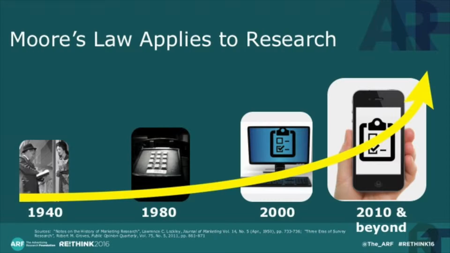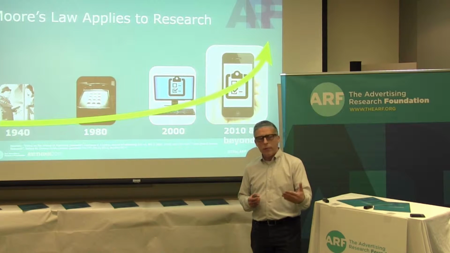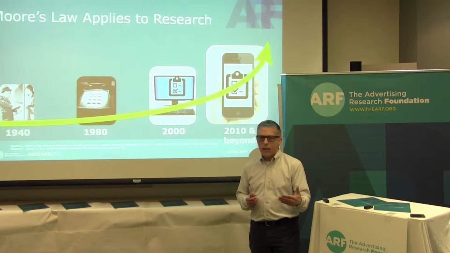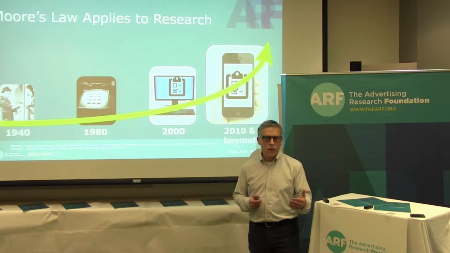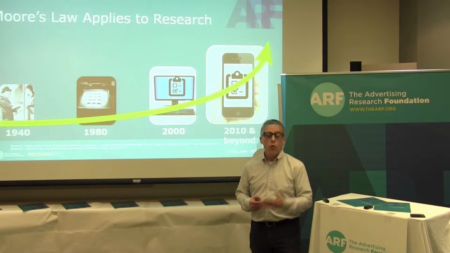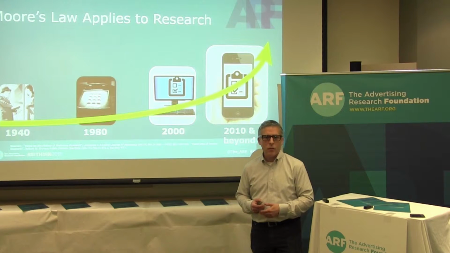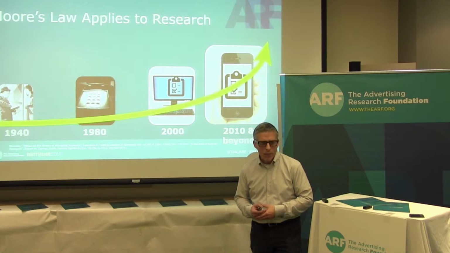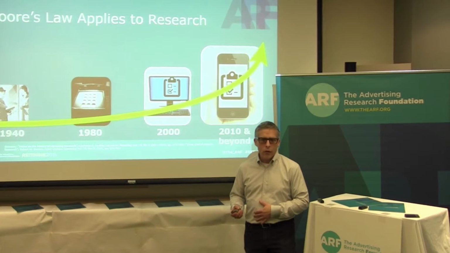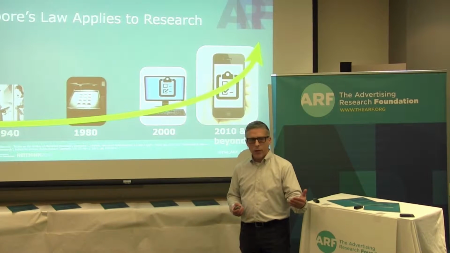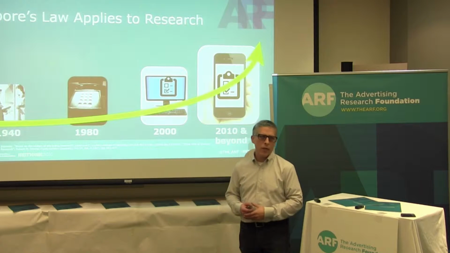If we think about this, in the 1940s, we used to have clipboard in hand, and somebody would be on the street corner, on the sidewalk in front of the store, and they'd stop you and say, "Can I ask your opinion? Would you be willing to take a survey for me?" You fast forward 40 years, and we took that same clipboard survey, and we just put it on the telephone.